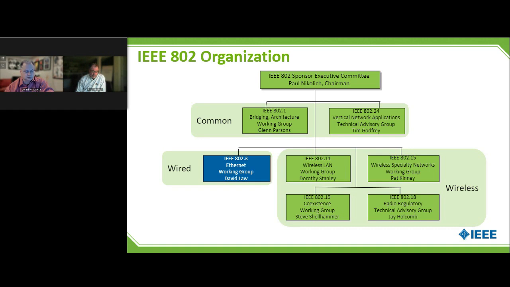The role of standards is crucial for many parts of the economy, and the technical standards that 802 develops are crucial for the networking industry. They enable inventors and companies to bring research through the labs into products and into services that we now all use on a regular basis.